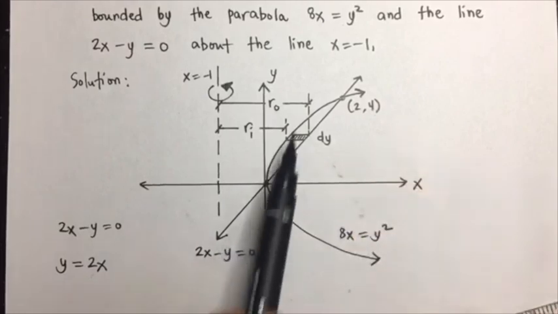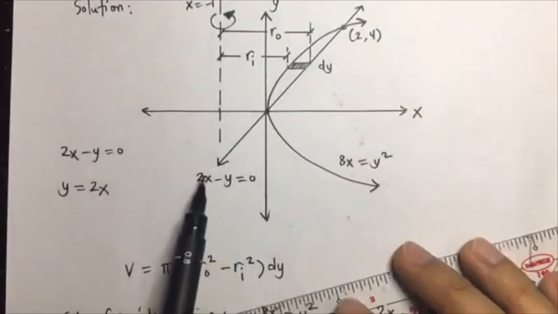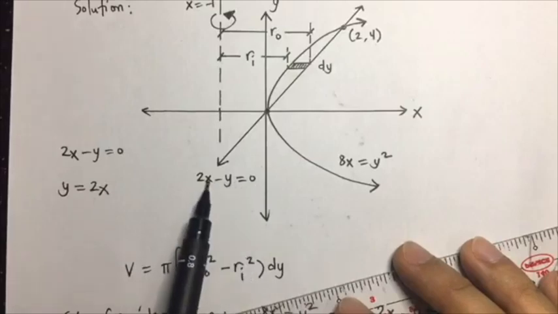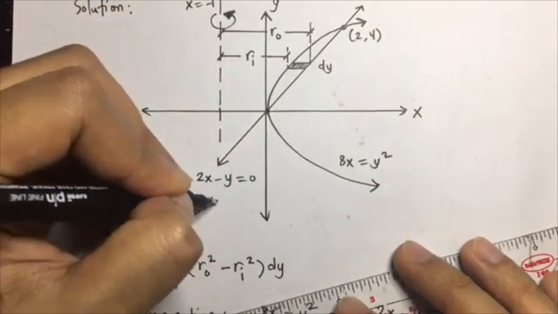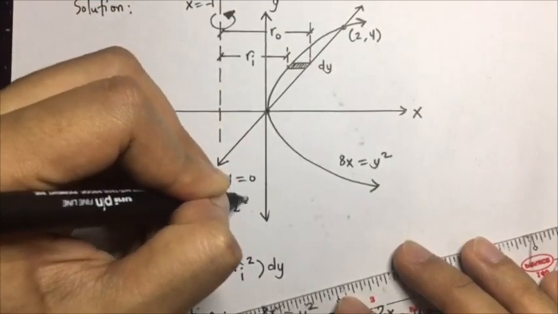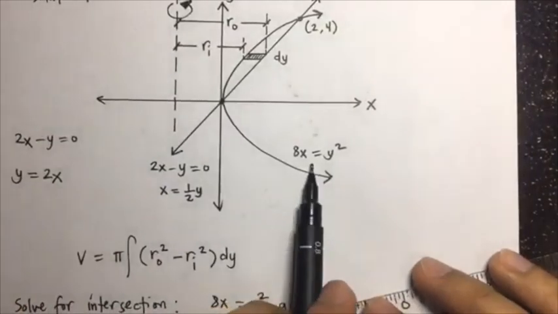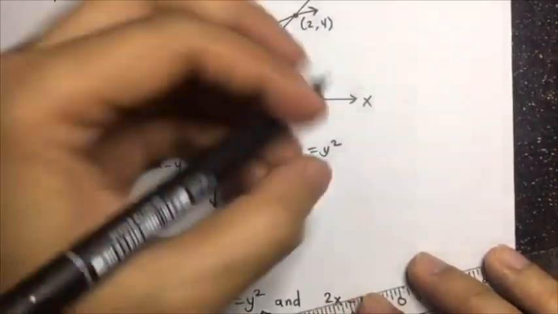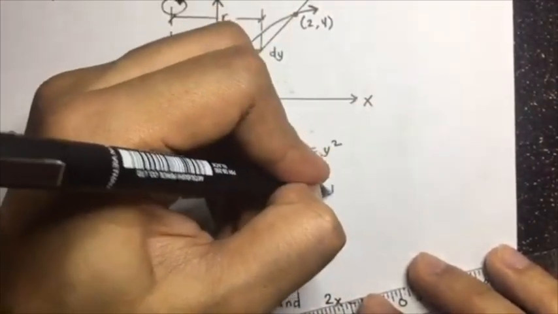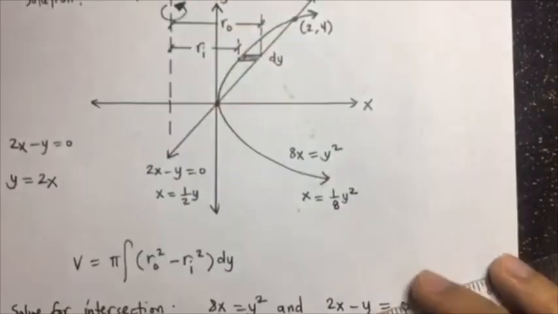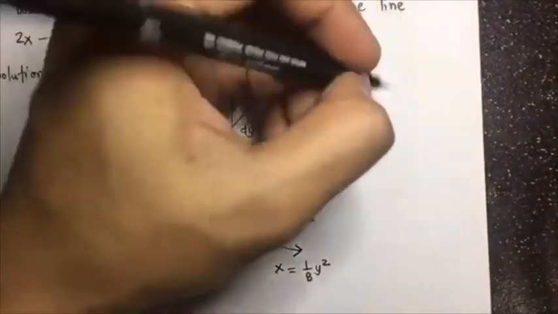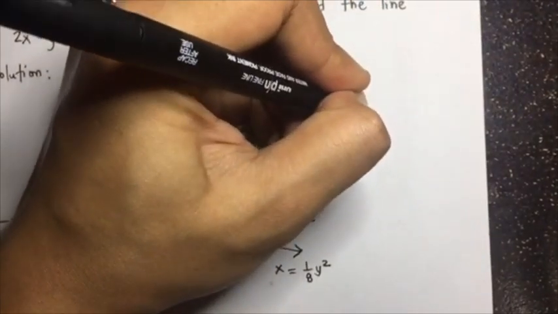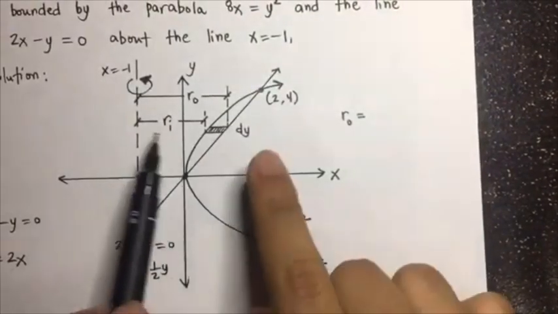Since we'll be using x, let's transform the curves as x as a function of y. Transposing y to the other side and dividing both sides by 2, x is equal to 1/2 of y. Also, for this, dividing both sides by 8, x is equal to 1/8 y squared. Our outside radius will be defined by xr minus xl.